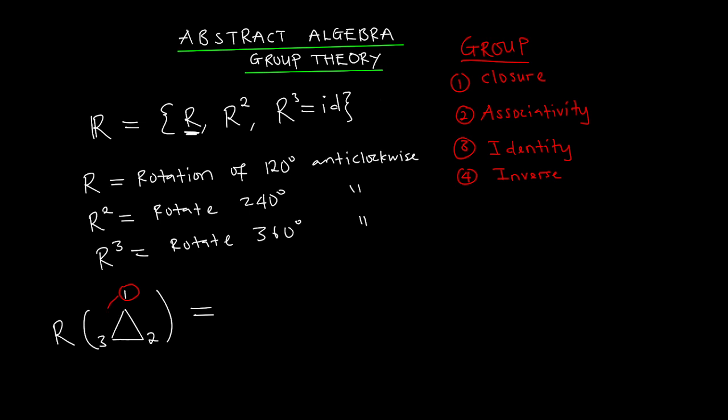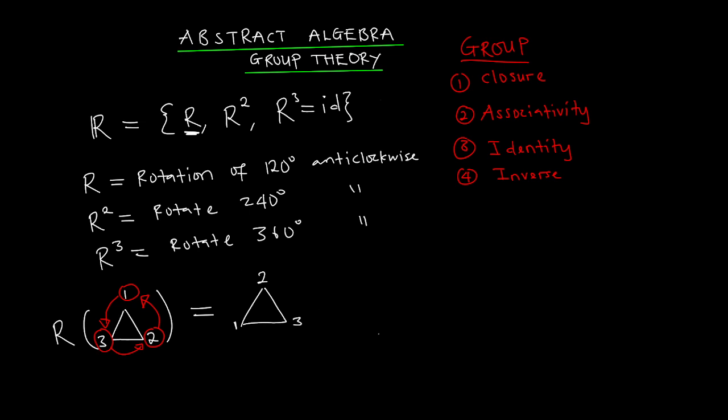This one would come down, the 3 would move there, and then the 2 would go upwards. And then you would have a triangle that looks something like this. So the 1 comes down, the 3 moves to the 2, and then the 2 moves up. So if you do a 120 degrees rotation anti-clockwise on this triangle, this is what you would get.